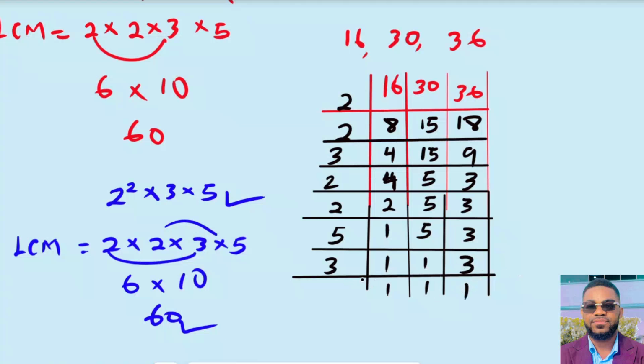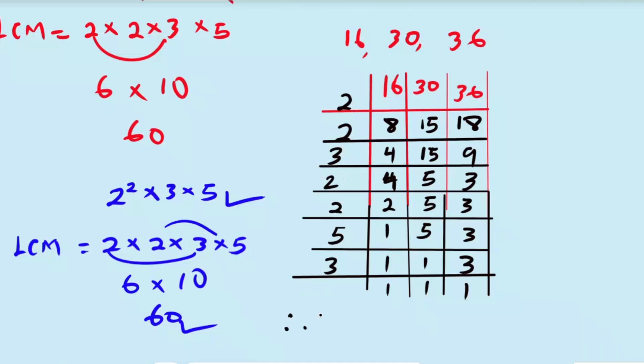So now we can get the LCM for these 3 numbers. We have to multiply all these to get the LCM. So therefore, the lowest common multiple is equal to 2 times 2 times 3 times 2 times 2 times 5 times 3.